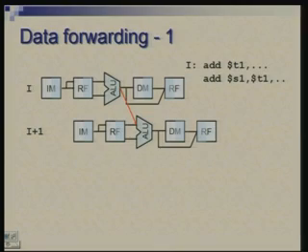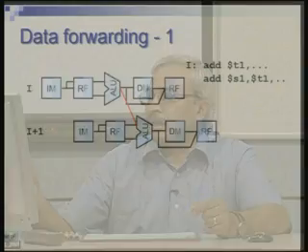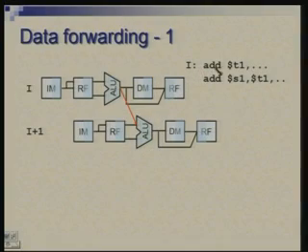So, instead of letting the data first be written into the register file and then read from the register file, we can create extra paths in the data path so that the result of the first instruction, for example, which is available after the ALU cycle and is required by the ALU cycle of the next instruction, is somehow passed directly.